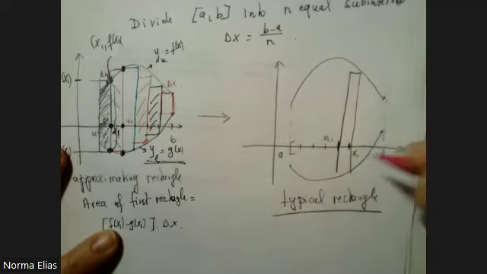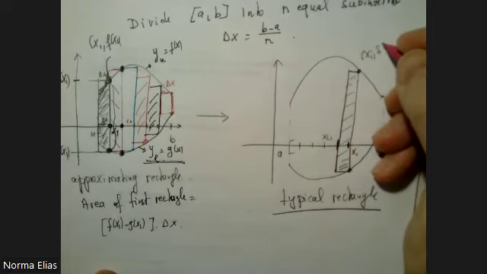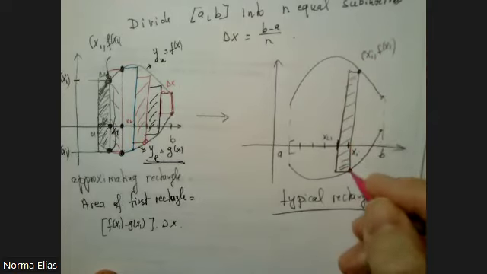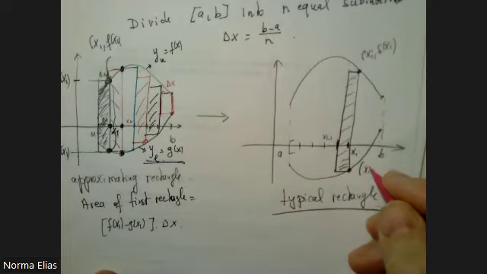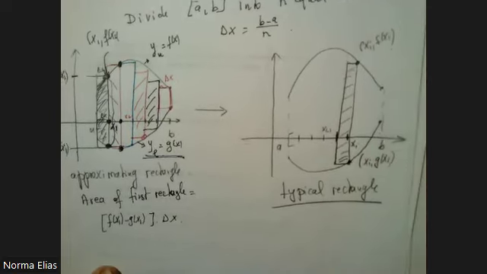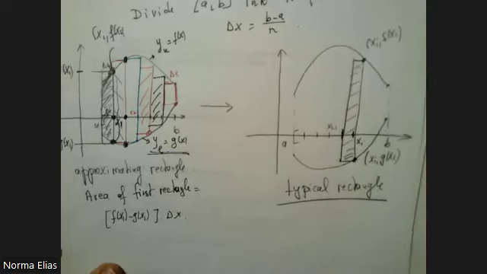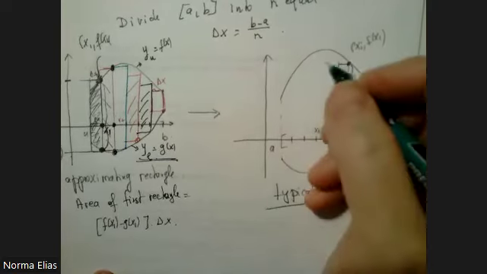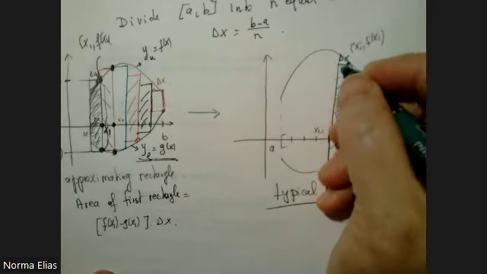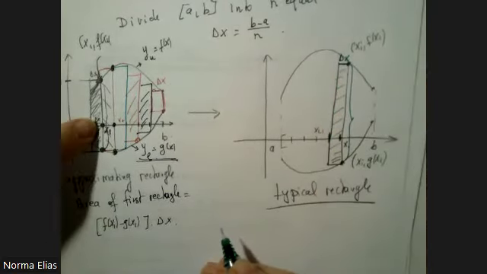So this point here, this is xi, f of xi. And this is xi, g of xi. Now, what's the area of a typical rectangle? It's the length from here to here times the width from here to here. So instead of telling you what's the first, what's the second, I take a typical one.